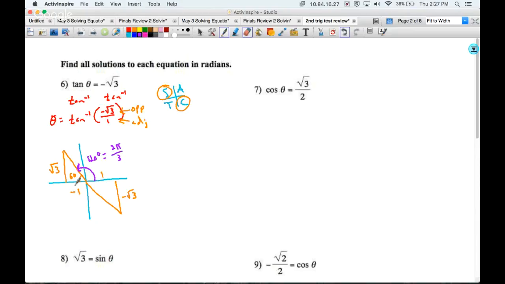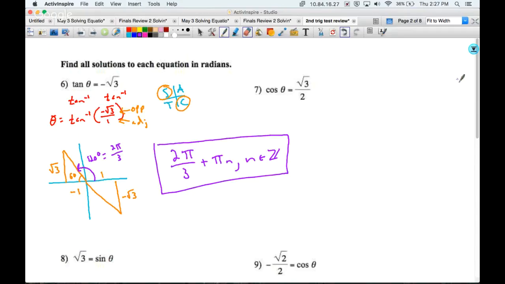This one's exactly 180 later, so the thing about tangent is that once you find one angle, you can just say 2 pi over 3 plus pi n, and now you've got all the angles. And that is the full solution here for number 6.